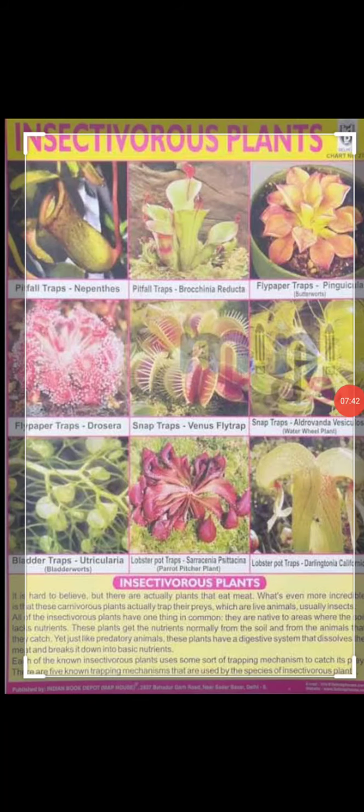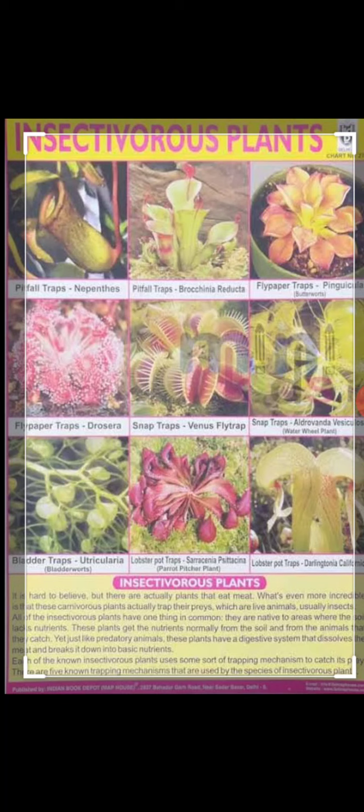In today's class we explained the insectivorous plants: how they work, how they trap the insects and how they consume them. Did you understand, my dear students? The definition: the plants which can trap insects and digest them for their nutrition are called insectivorous plants.